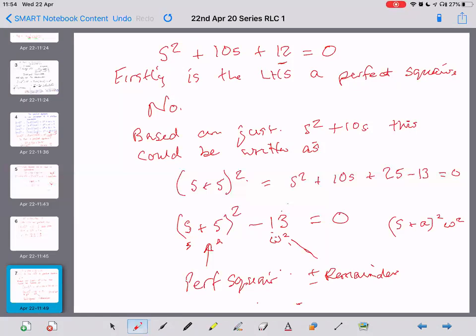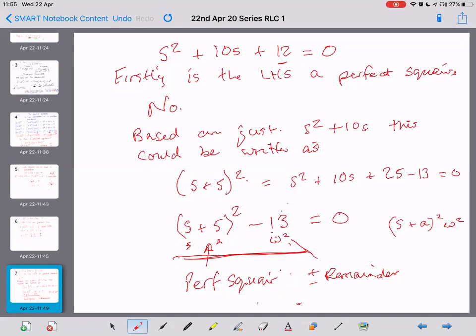We had an expression for I that had a denominator with an s squared term, an s term, and a constant. If we can write that in this form down here, then we can transfer back to the time domain. Any confusion or not? Can I just ask one thing? Where's the 25 gone to end up at that minus 13?